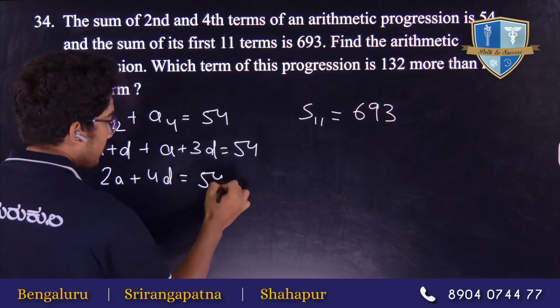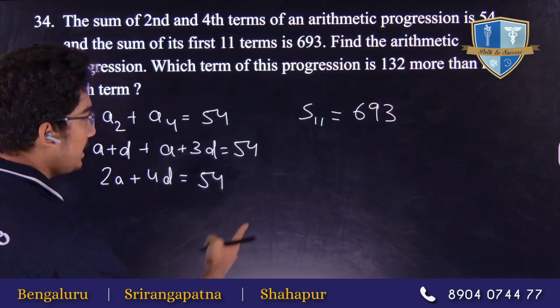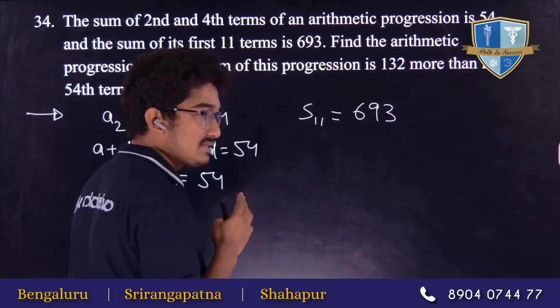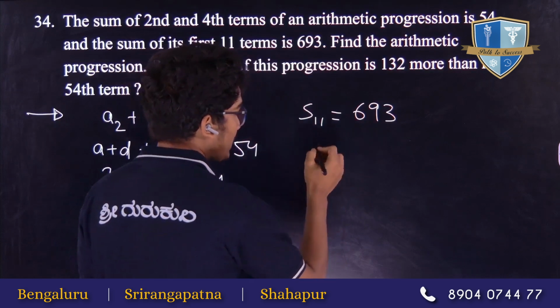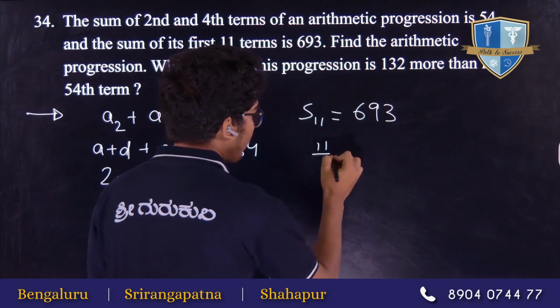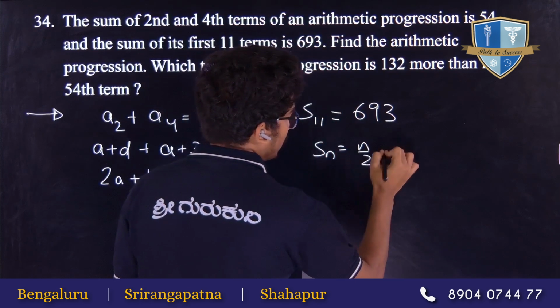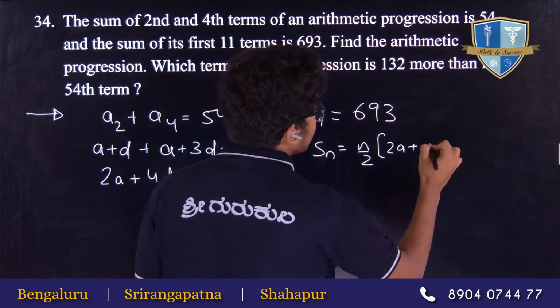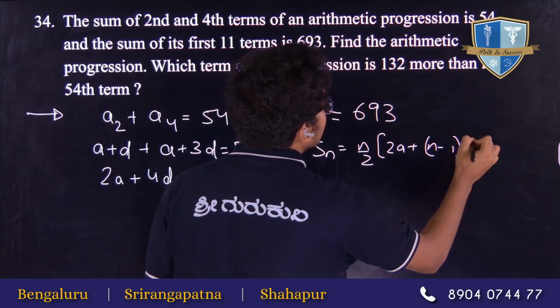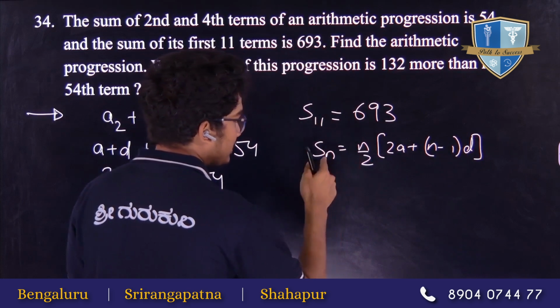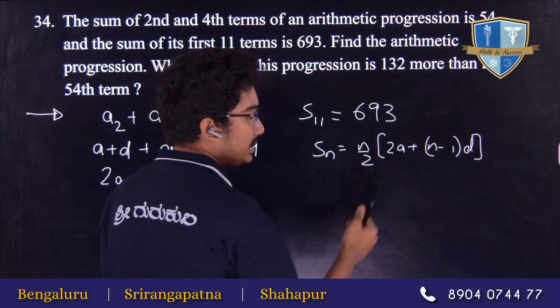Correct? And here S11, the sum of first n terms formula for arithmetic progression is Sn is equal to n upon 2 into (2a plus (n minus 1) times d), correct? So instead of n we will write 11, and a and d are two unknowns.